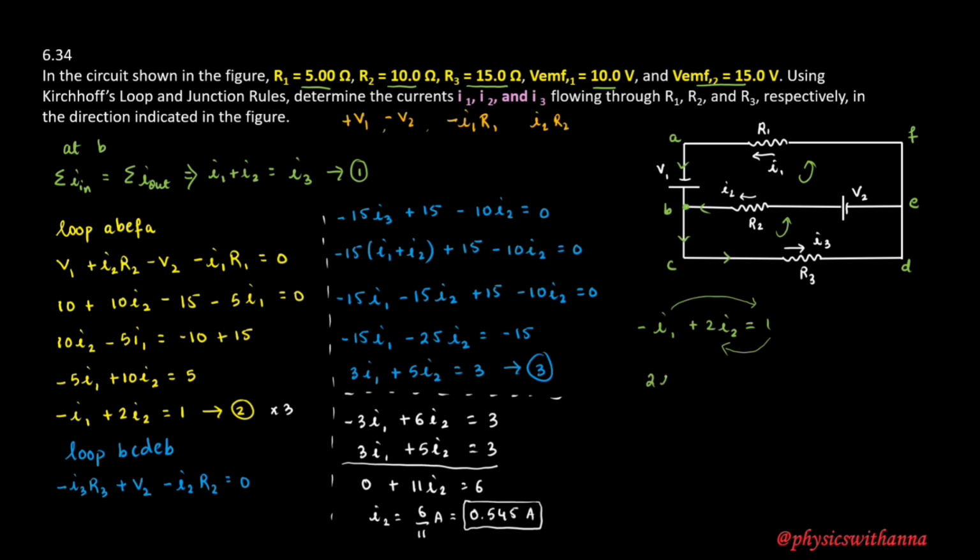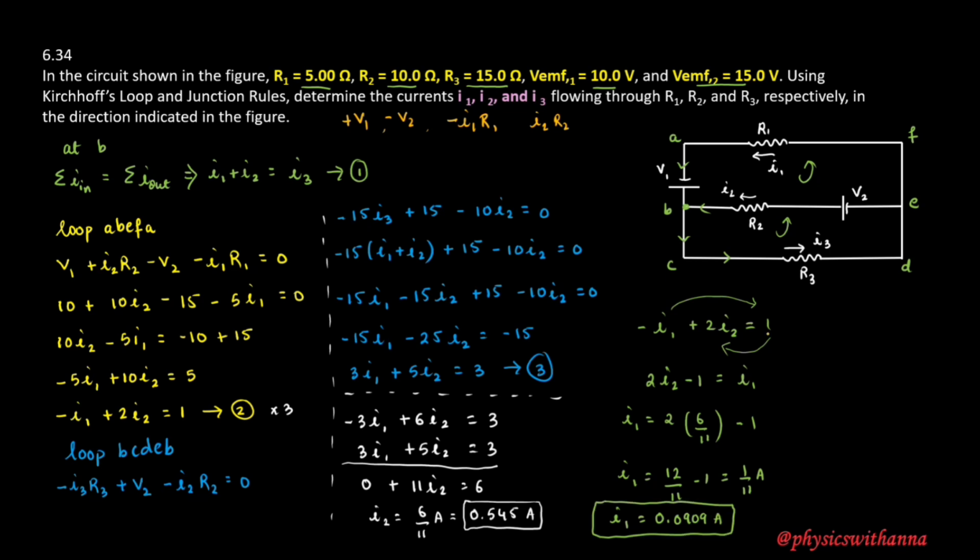So we get 2 I2 minus 1 equals I1, or we can get I1 as 2 times I2 minus 1. Let's substitute for I2. I will write this as 2 times 6 over 11 minus 1. So I1 becomes equal to 12 over 11 minus 1, which is 1 over 11 amperes, or you can write I1 as 0.0909 amperes.